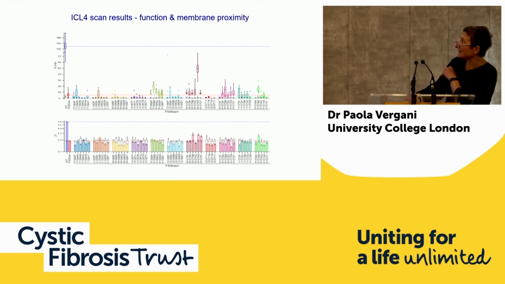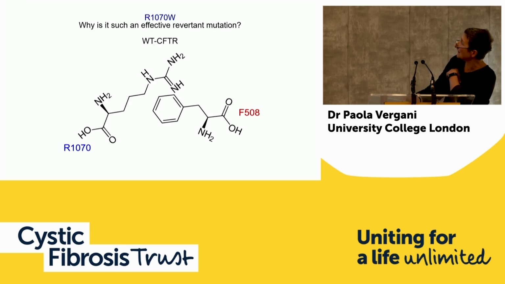And the assay also gives information on how much CFTR is in this membrane zone. We can see that the R1070W mutation rescues both biogenesis and function. R1070W is the only one that rescues those significantly.